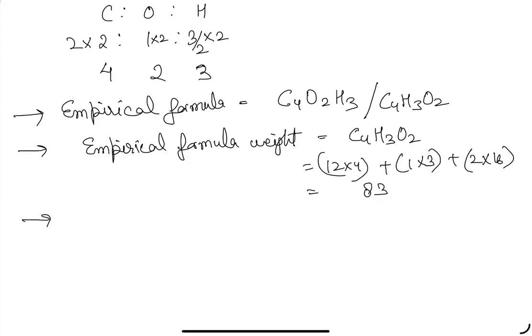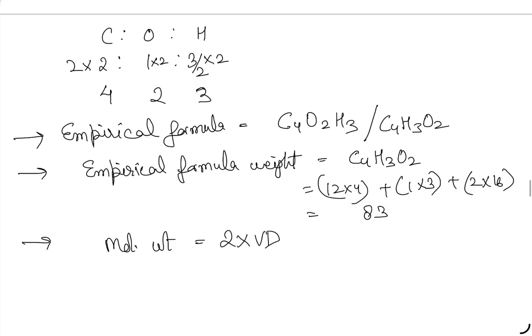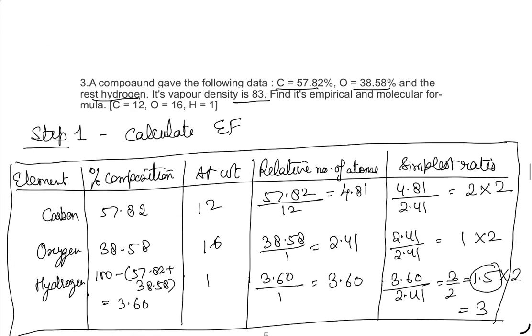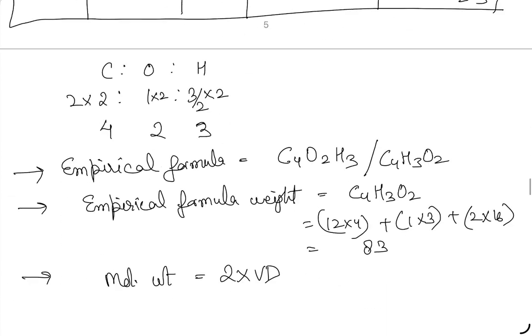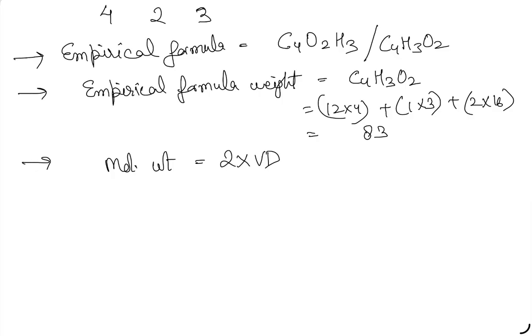Now step 3 is calculating the molecular weight. As you know, the molecular weight is 2 times the vapor density, because in this question they have given the vapor density. So I am going to calculate the molecular weight using the data given in the question, which is 2 times the vapor density, 2 times 83, which you will get 166.